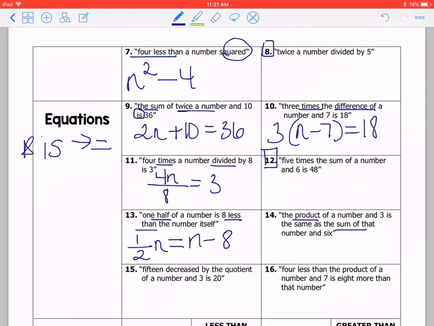So product of 3 and a number is 3n. There's our magic word is. The sum of that number, so our number is n, plus 6.